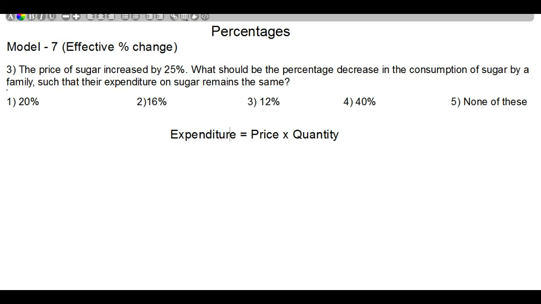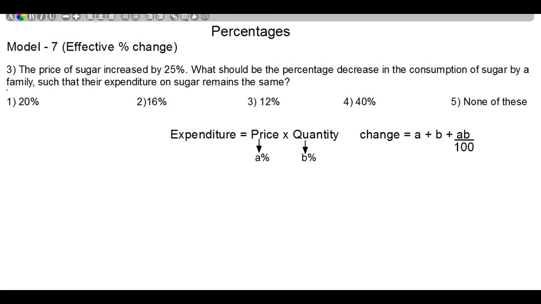But the only difference here is revenue is from the shopkeeper's point of view and expenditure is from the customer's point of view. Now if you try to understand, even in this case, if the price changes by A% and the quantity changes by B%, the change in expenditure should be taken as A plus B plus AB by 100%, as it is nothing but an effective percentage change due to price and quantity together.